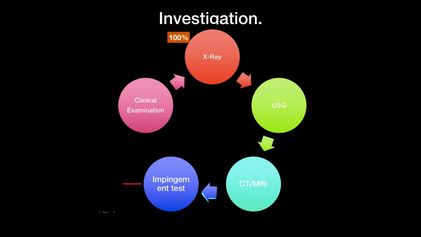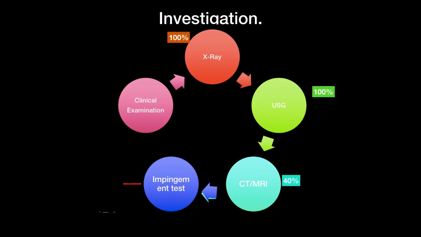Almost all of our patients will require an X-ray, and it is suggested that all patients with shoulder pain be submitted for ultrasonographic examination. Unfortunately, this is not very commonly practiced in our context.